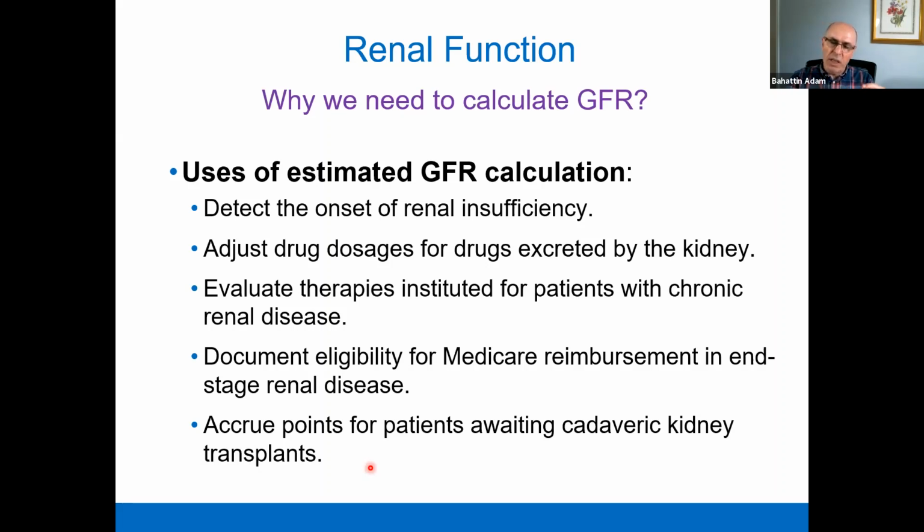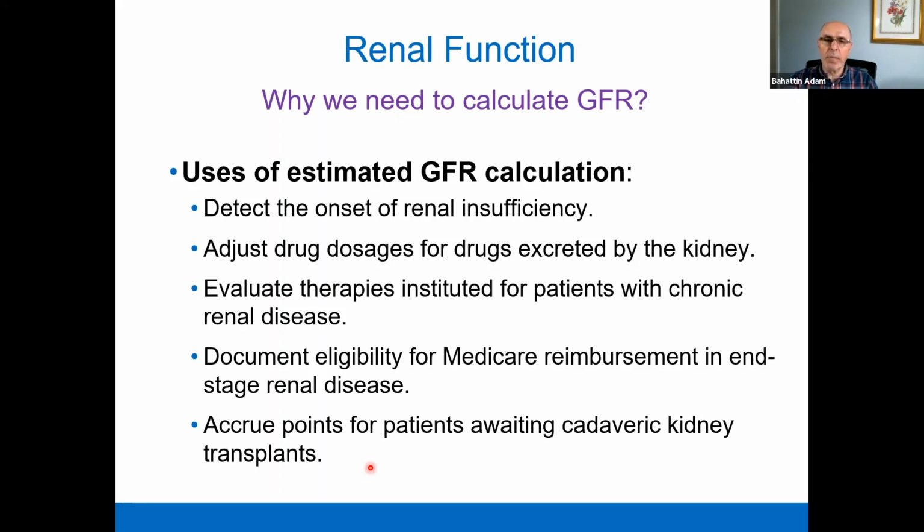These are really important decisions to make by estimating filtration rates, and also to assign accurate points for patients awaiting cadaveric kidney transplants. You also need to calculate glomerular filtration rates.